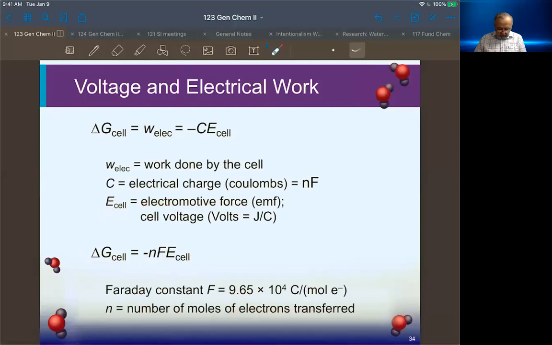We multiply those 3 and get the delta G for the cell. If it's a voltaic cell, the one we can use as a battery, delta G is going to be negative. This is always positive, this is positive, and this is positive, so we put a negative sign, which means that delta G is always going to be less than 0, always, for a voltaic cell or a battery.